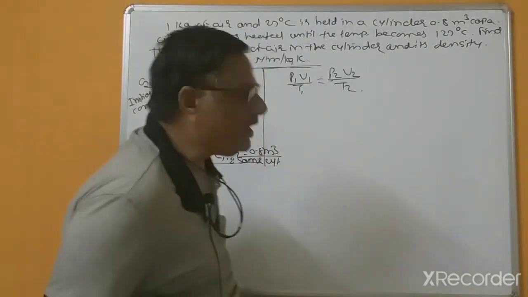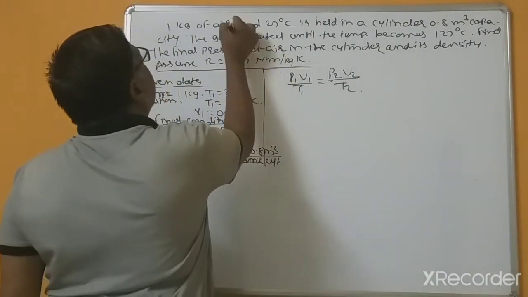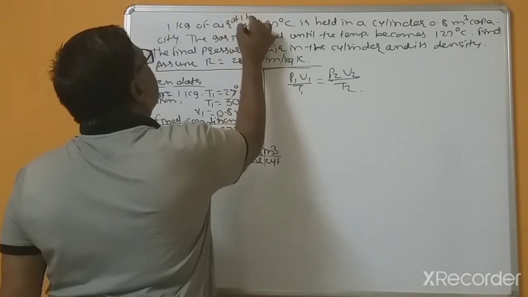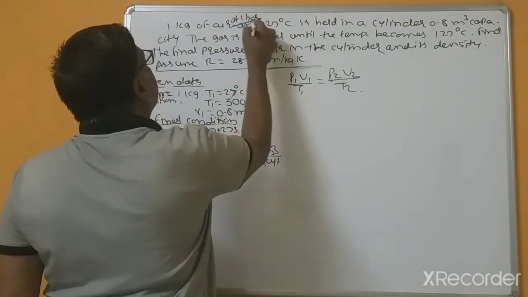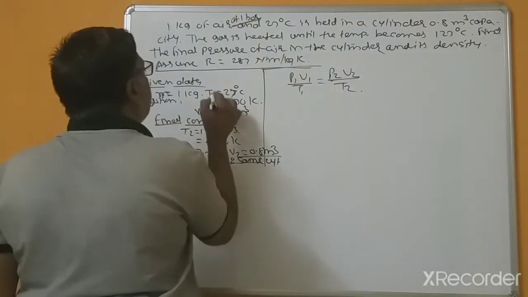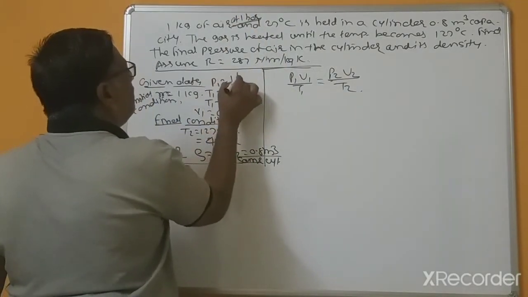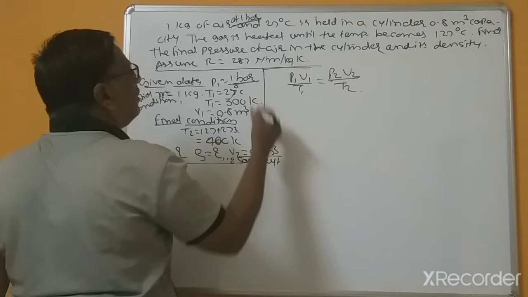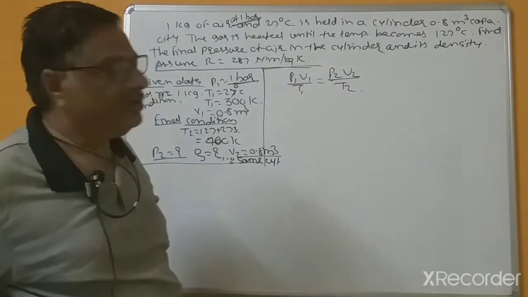This is given at 1 bar, so please add P1 equal to 1 bar. This is also given.